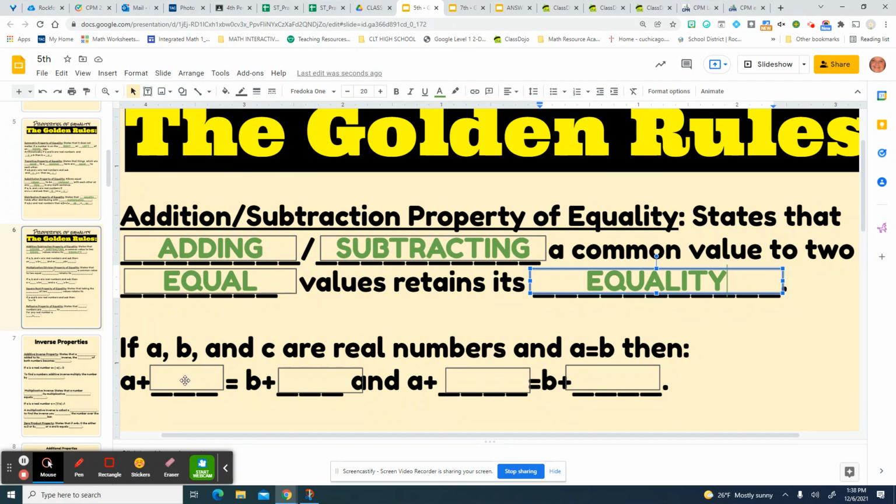So if A, B, and C are real numbers and A equals B, then A plus C must also equal B plus C.